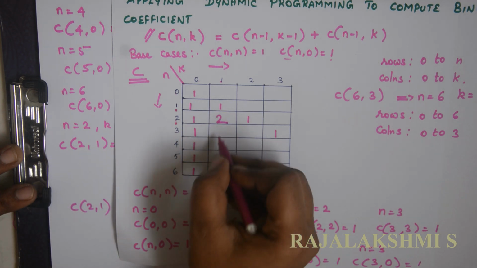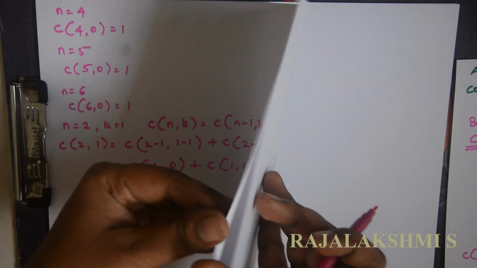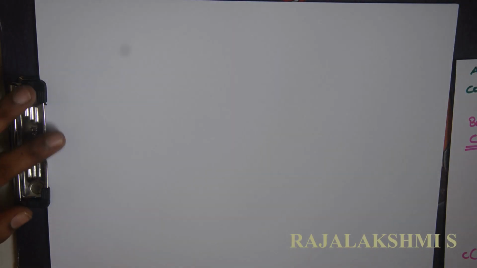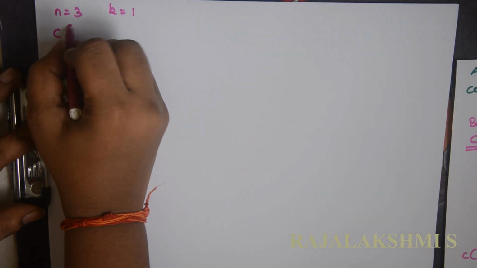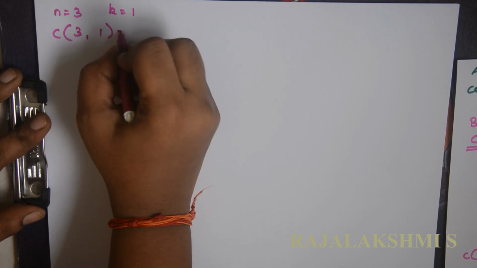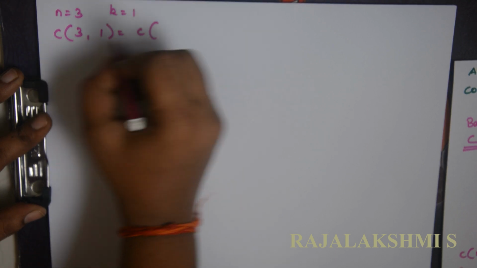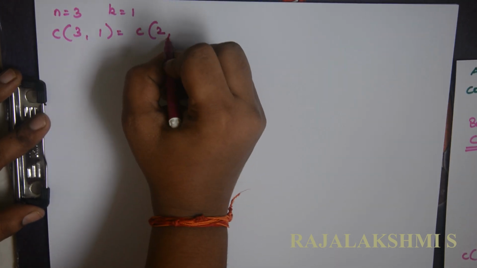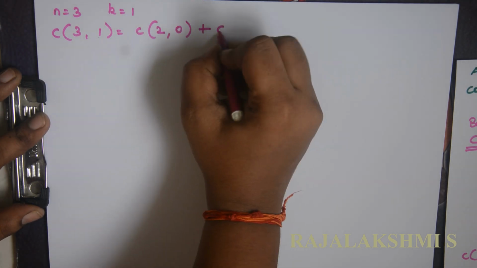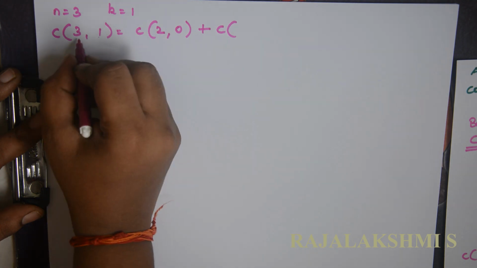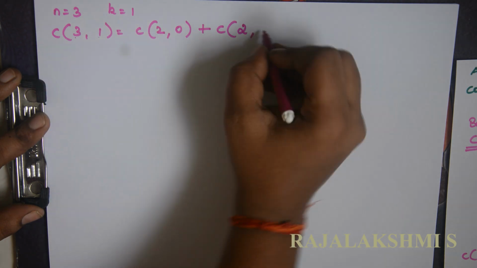So the next value is 3 comma 1, right? So it is C of 3 comma 1. So n is equal to 3 and k is equal to 1. So C of 3 comma 1 is equal to C of n minus 1 comma k minus 1, right? So n minus 1 is 2 comma k minus 1, which is 1 minus 1, which is 0, plus C of n minus 1 comma k, which is 3 minus 1, which is 2 comma k, which is 1.